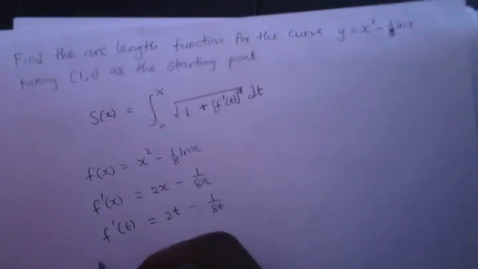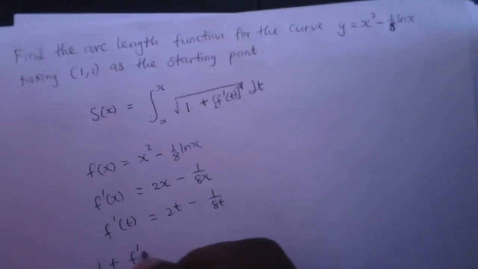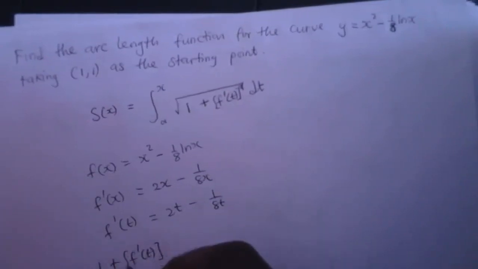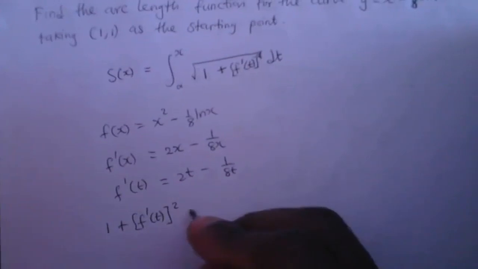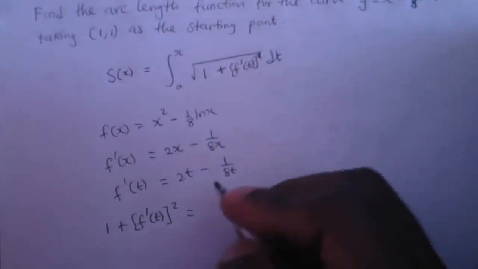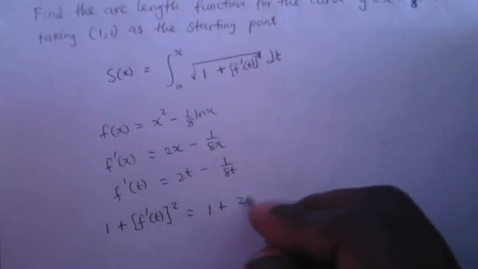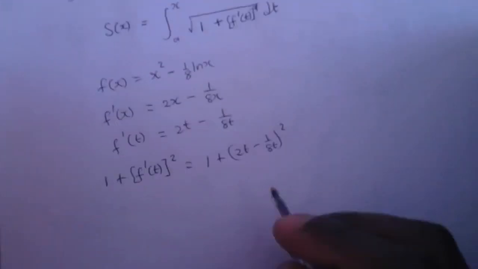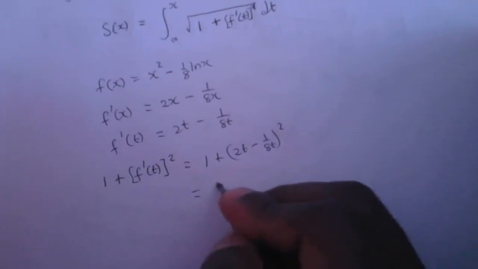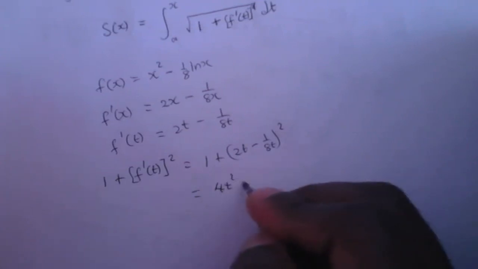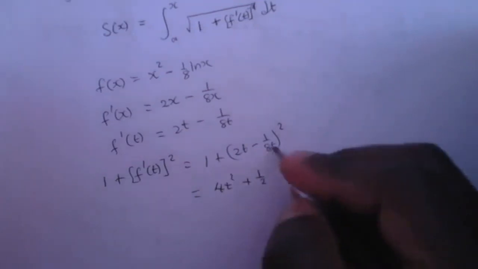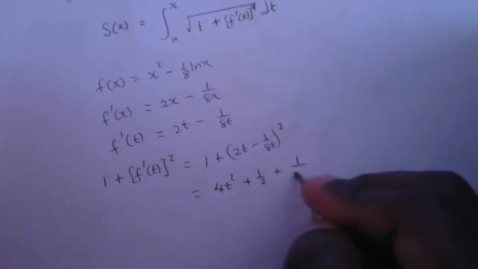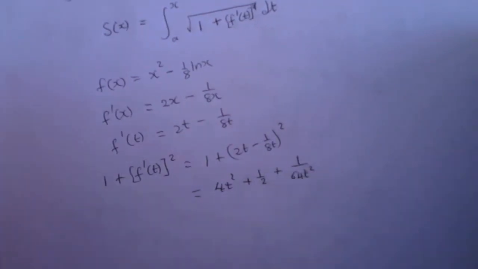And we need to find 1 plus f prime of t squared. That becomes 1 plus (2t minus 1/(8t)) squared. If you simplify that, you end up with 4t squared plus 1/2 plus 1/(64t squared).